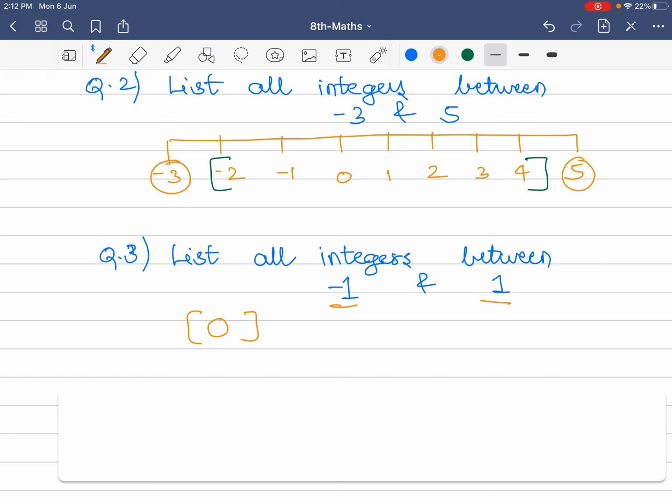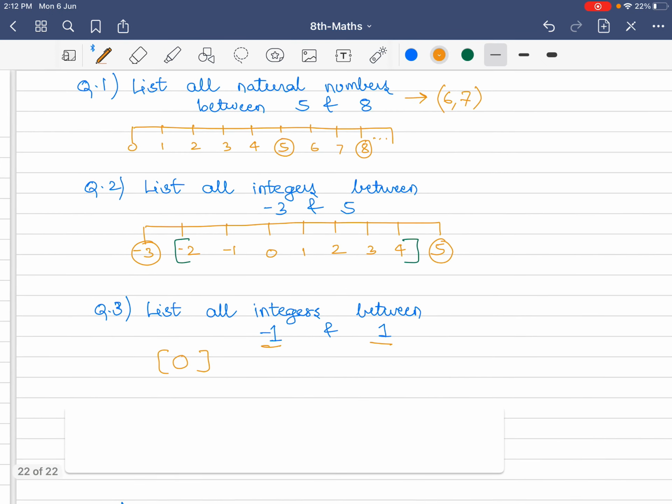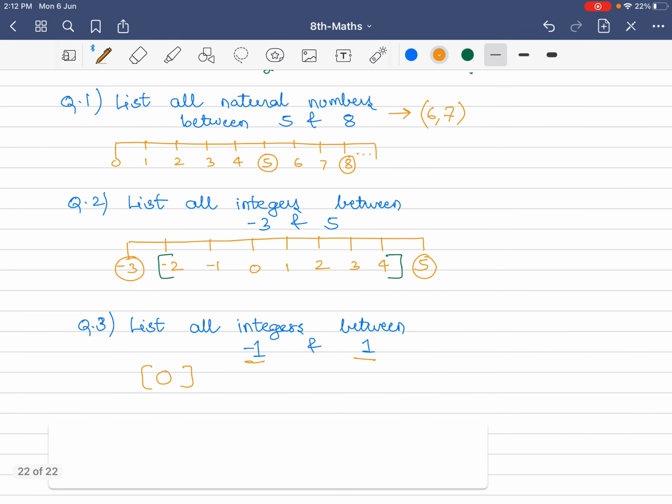So when you are asked to find the natural numbers or the integers, we see that between any two natural numbers a and b, or any two integers a and b, there is a fixed number of numbers that exist. That is the observation from our previous 3 questions. There is a fixed number of integers between any two integers or any two natural numbers.